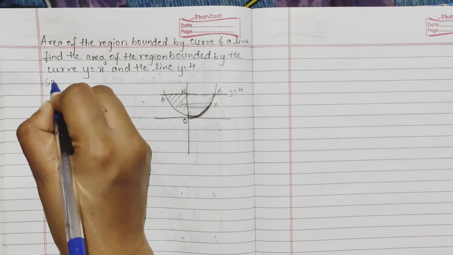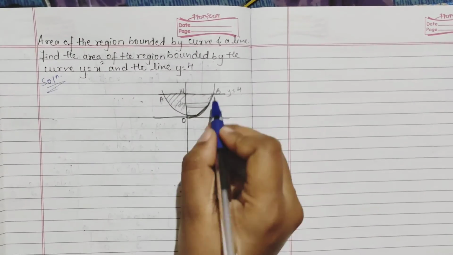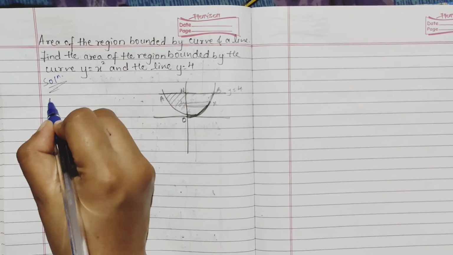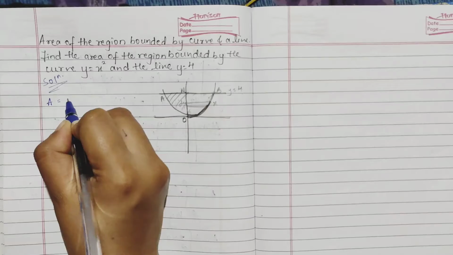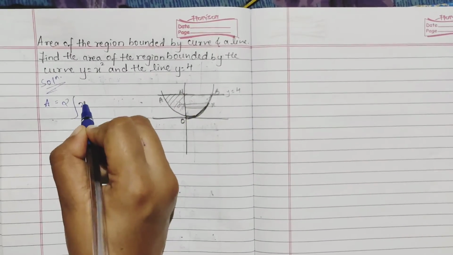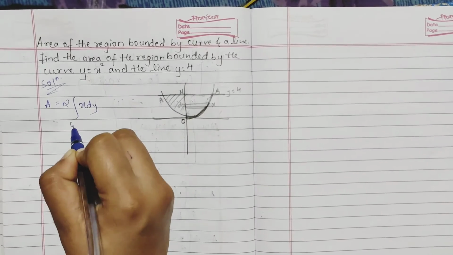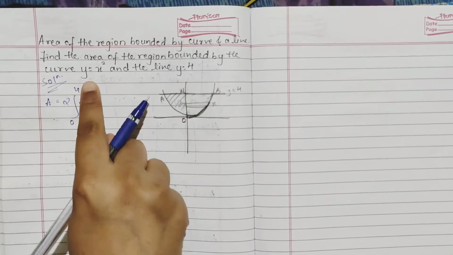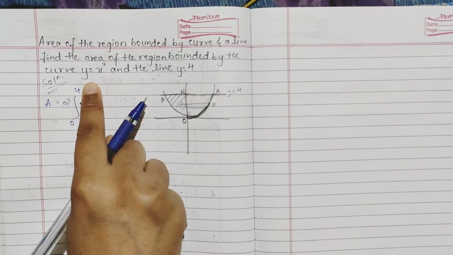You have to find the area of this. As you can see, they are symmetric, so we take twice the area of x. We are taking horizontal, so it will be x dy from 0 to 4, right? And where will we get x from? We will get it from here, right?